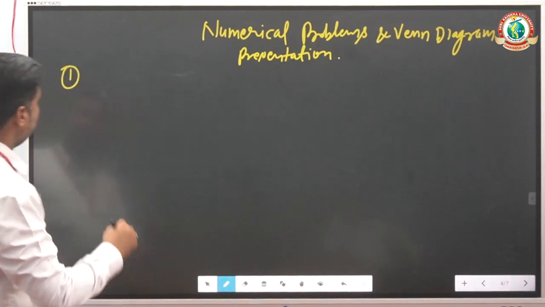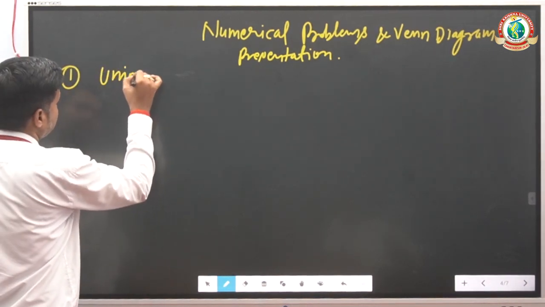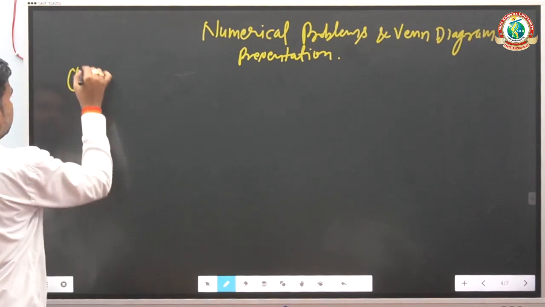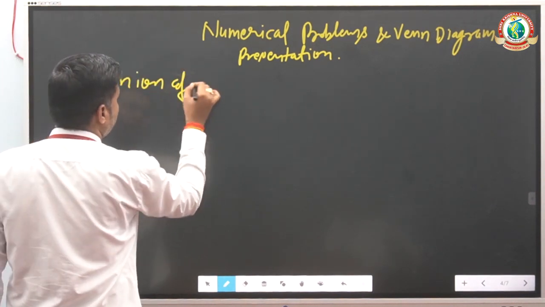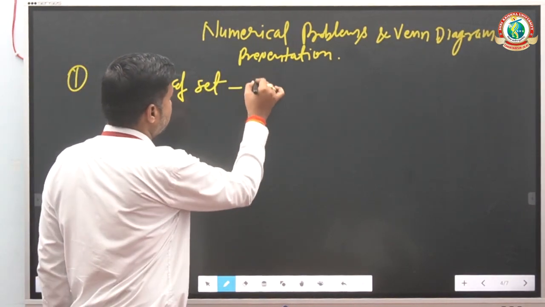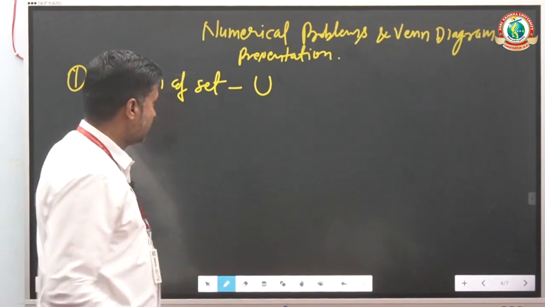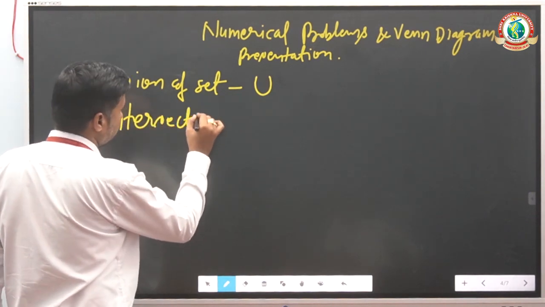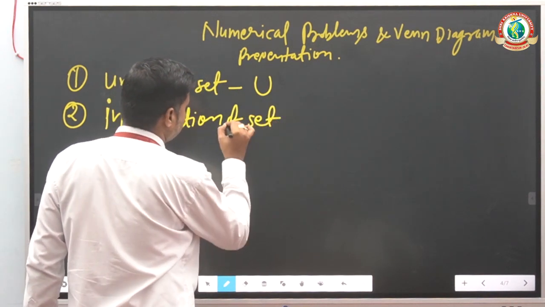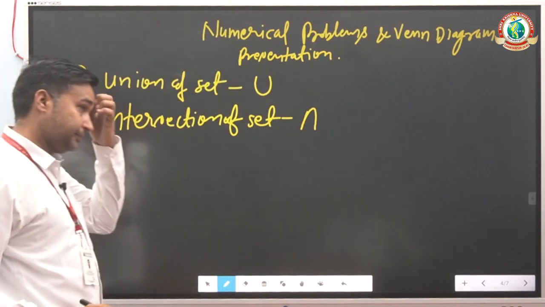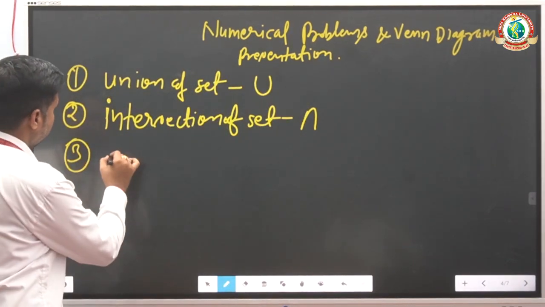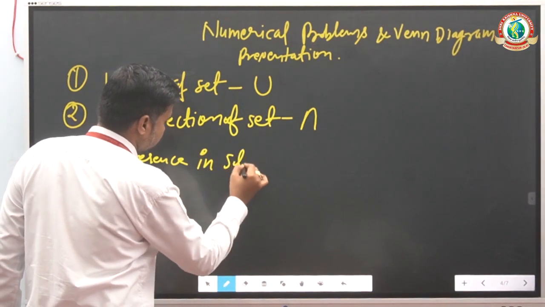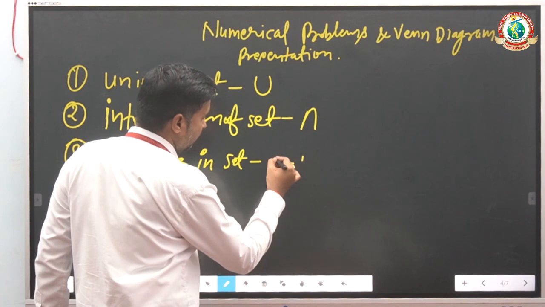There are many types. First of all, union of sets, which is represented by the small u symbol. Second, intersection of sets, represented by this symbol. Difference of sets, which is represented by the minus symbol.